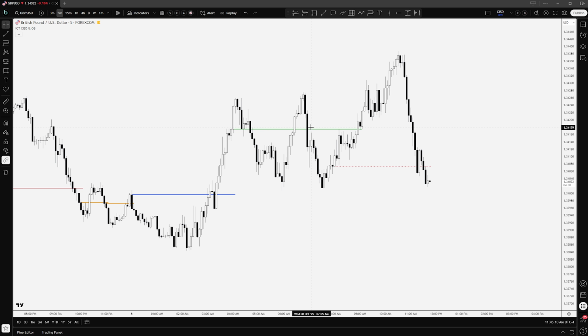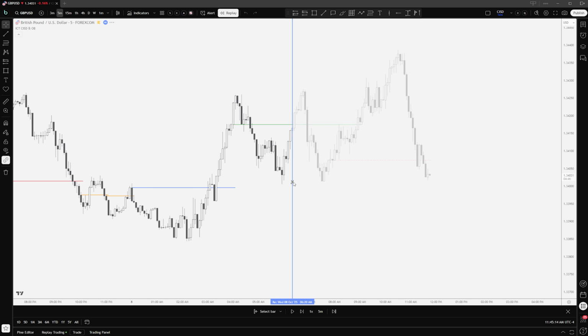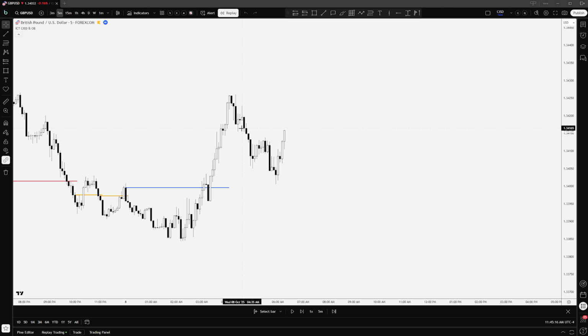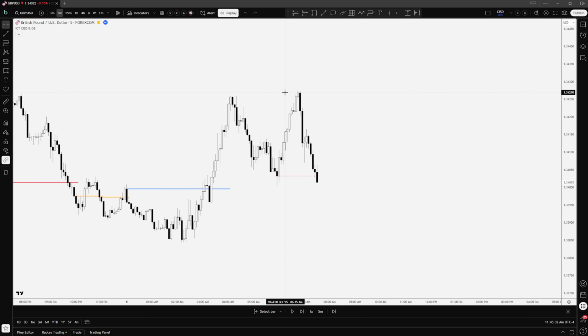But in this case, let's say we are here. Whenever we go above the open price of the bearish candles on the hourly, you'll see the order block plot. Here we had a potential change in state of delivery, but that didn't work.